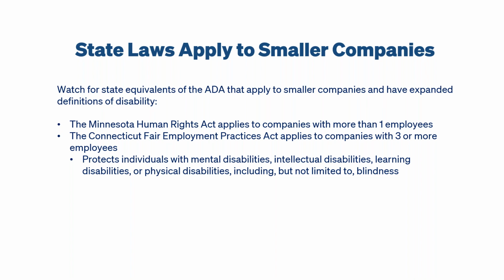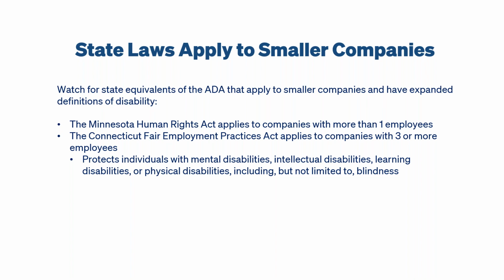The Minnesota Human Rights Act here in Minnesota applies to companies with more than one employee. The Connecticut Fair Employment Practices Act applies to companies with 3 or more employees. So those state laws apply to employers with far fewer employees. They really narrow it down.